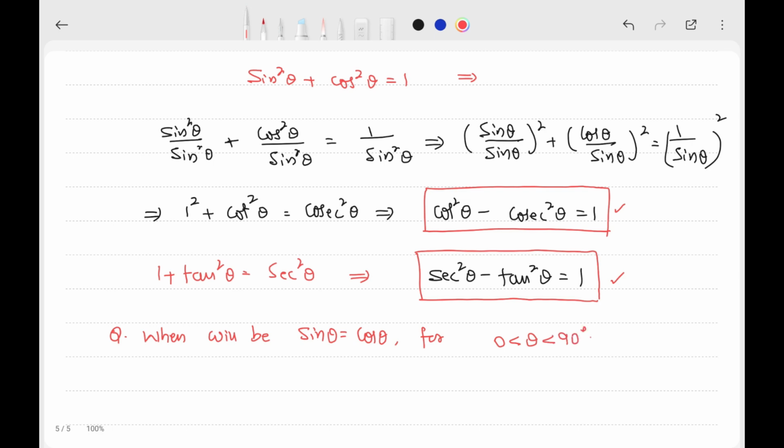That means theta is in the first quadrant, it's an acute angle, and theta is not equal to 0, theta is less than 90. When will sin theta be equal to cos theta? Theta is how much? This is the question.